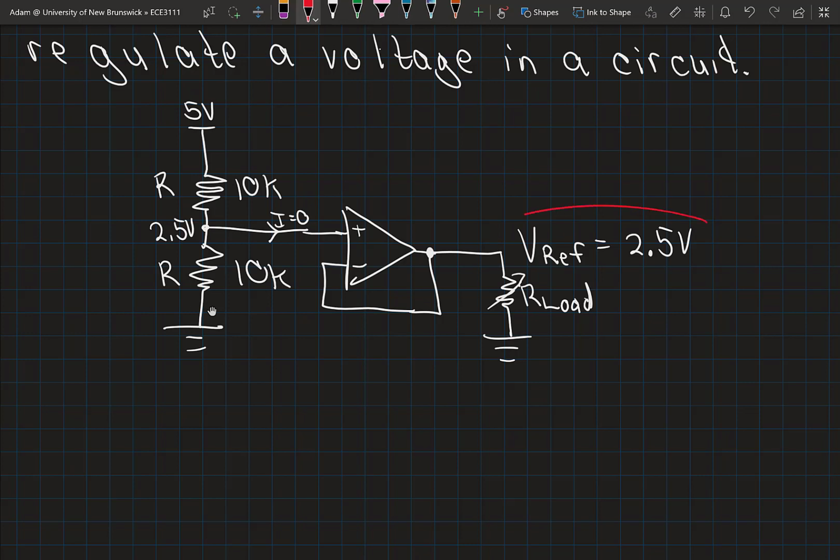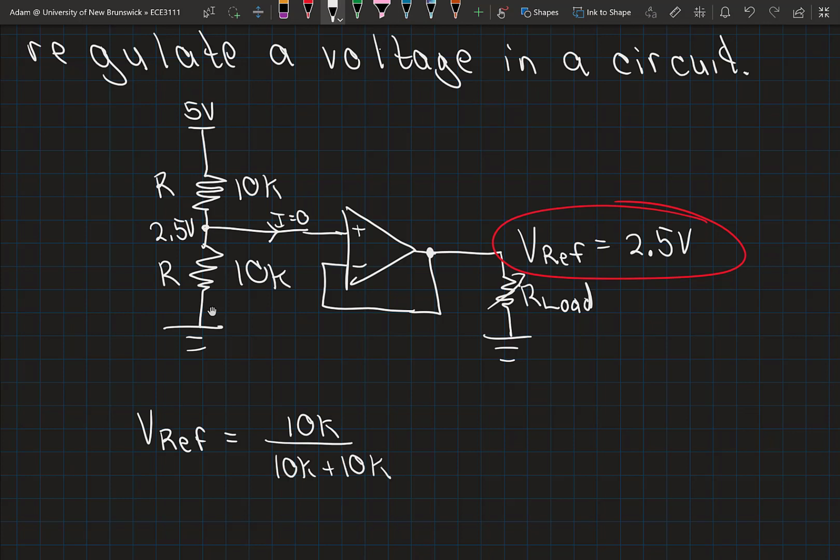This load could be variable, and my voltage reference, assuming a rather ideal op-amp, will remain at 2.5 volts. Okay, so it seems okay, but you might note in looking at how this reference voltage is arrived at that it's a function of my resistive voltage divider at the input of that op-amp times my supply voltage, right?